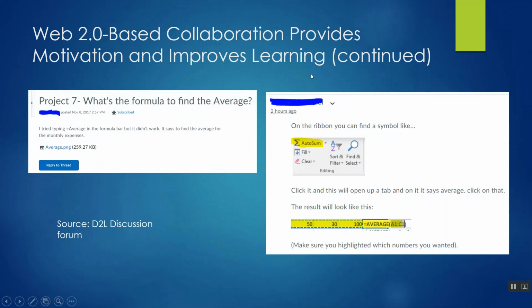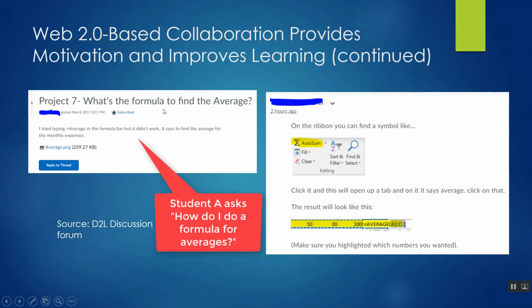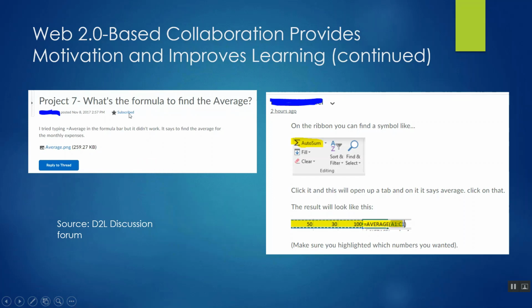Here, I am providing some screen captures of how I am using a discussion board within my LMS, which is D2L. In this situation right here, student A has asked a question about how to write a formula to calculate averages. The student did not know how to do this and posted it in the discussion forum.